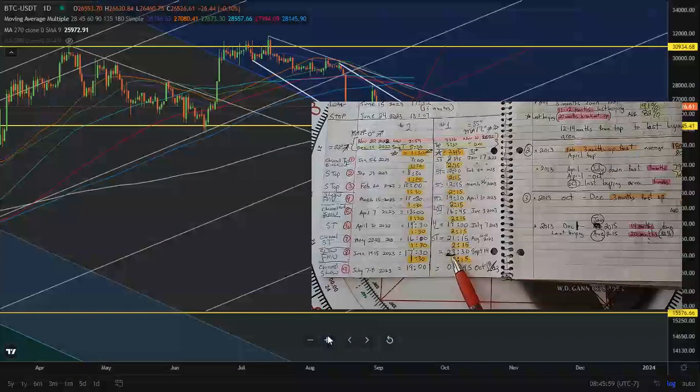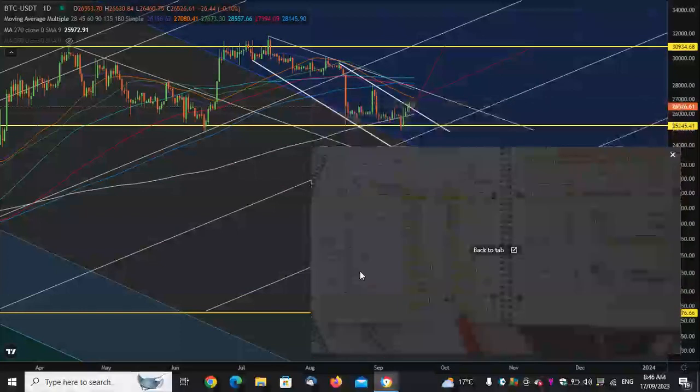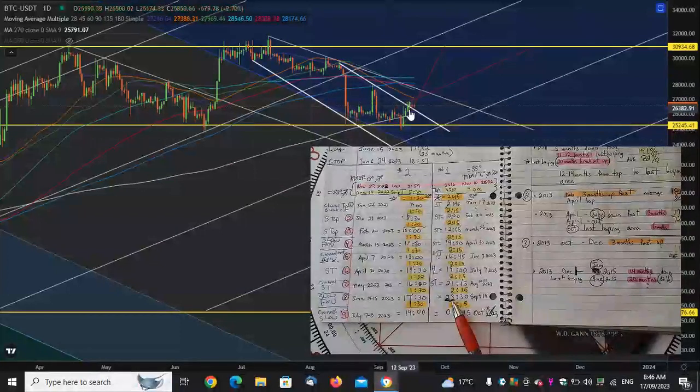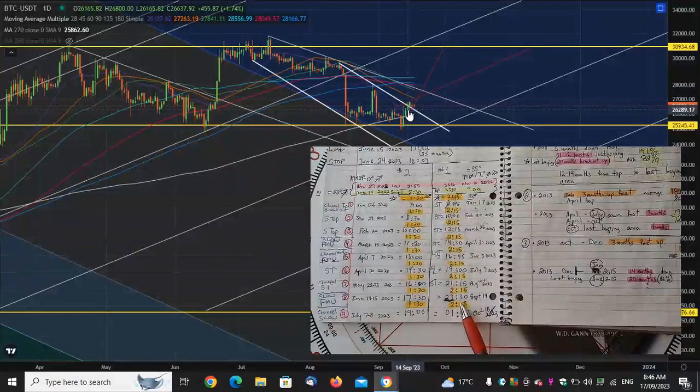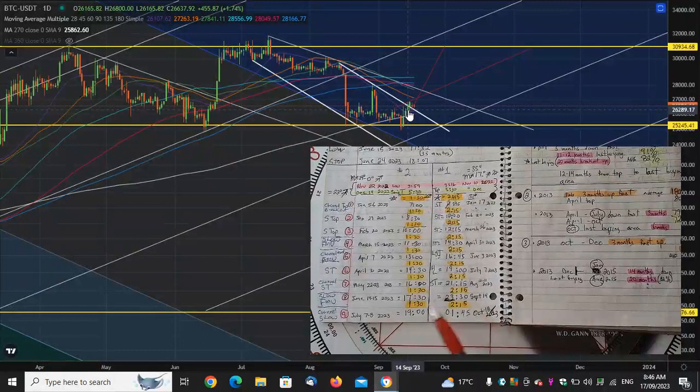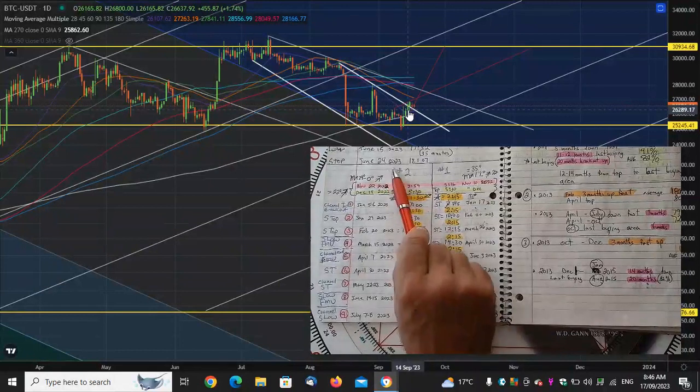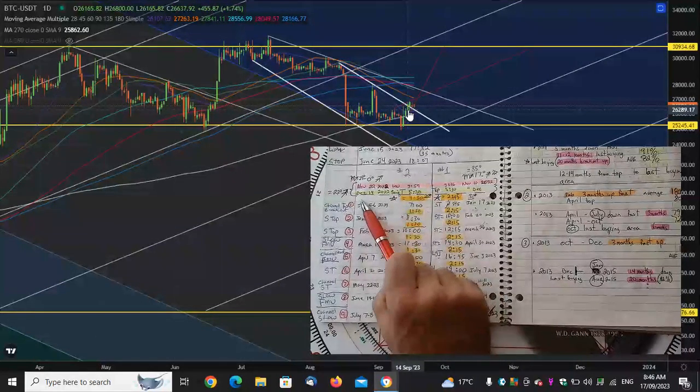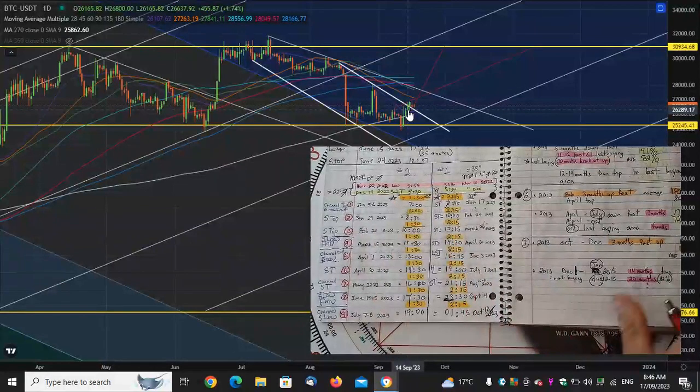So let's make this maybe a little bigger. It looks like we are approaching a possible swing top here, as this is stating. That's another check mark for a swing top. Let's take a look at our second bottom, from November 22nd here, and let's look at that update.